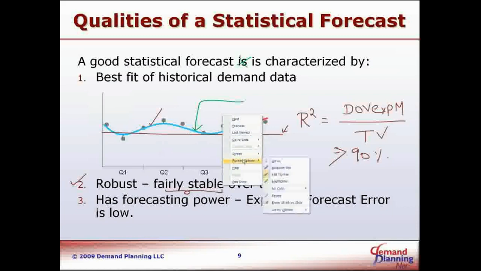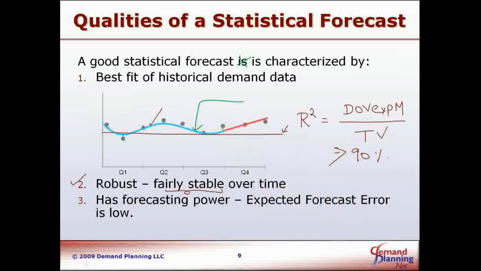It means the model does not change its character or direction completely just because you got one new historical data point last month that had a high error. The model does not change just because of the most recent observation that was different from the model. It's fairly stable.